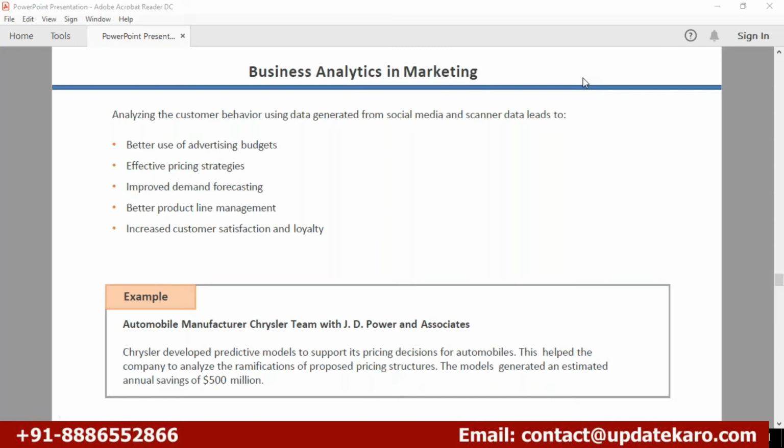It has a past history of that. So now, if I invest approximately this amount of money in this particular business with the resources available, what can be my sales? That can be predicted, right? So that is where better use of advertising budgets comes in.